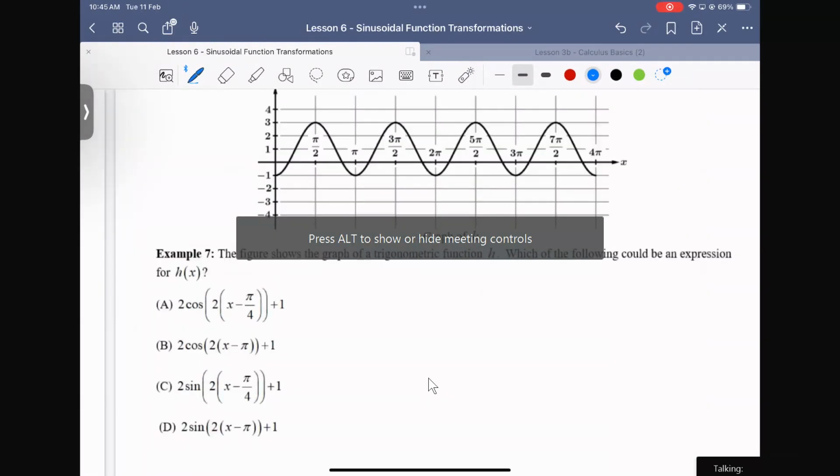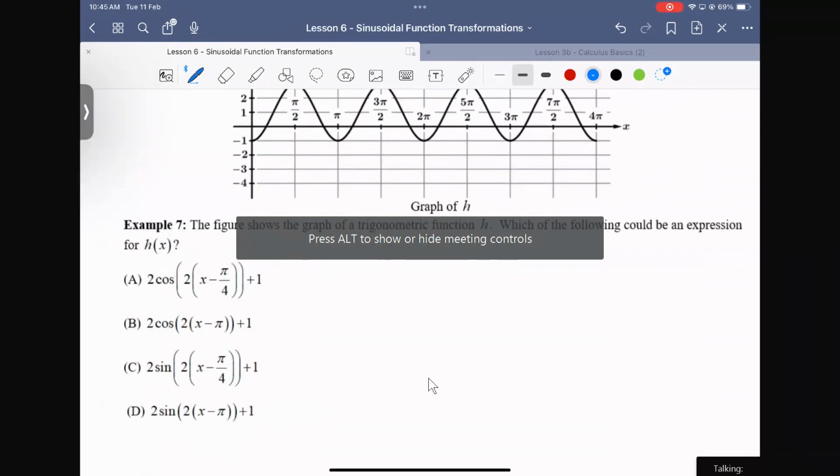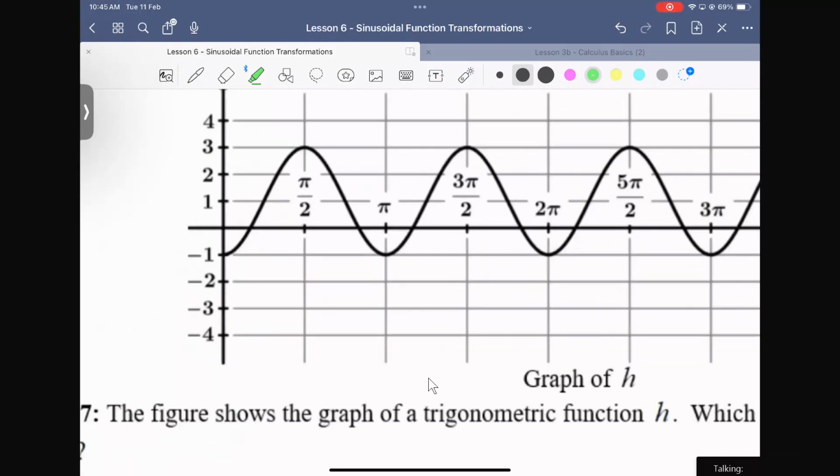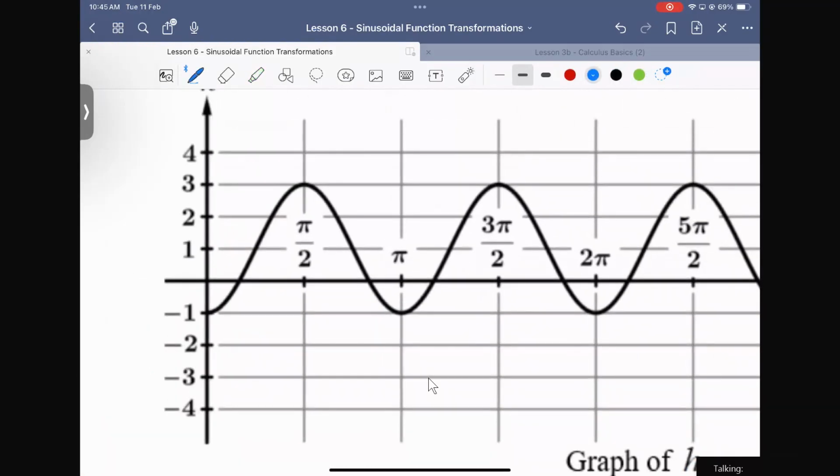Okay, so first off here, we've got 2 choices. We've got cosine functions and sine functions. Now, if it's a cosine function without a reflection, we need to move this point across by a half, so it would be x minus pi over 2.